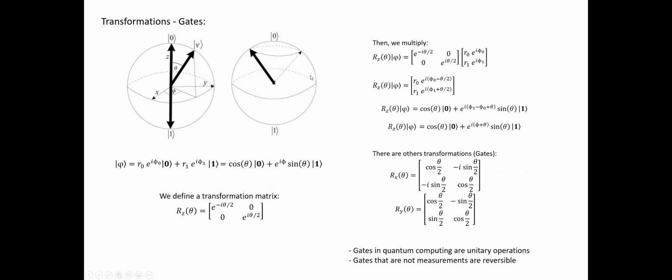So like I said, we can do certain operations. We can move around the z-axis, move around the y-axis, or we can just change the value of theta in order to change the output probability of the qubit. So we can start playing with it.